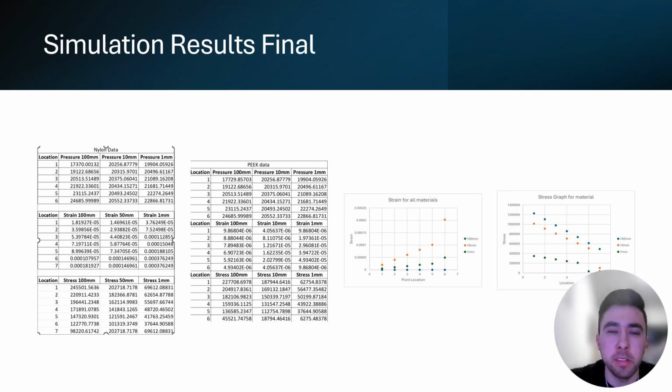In turn, as I previously stated, these make both materials less ideal than PTFE. As we can see from the data for both nylon and PEEK, when looking at the graphs on the right, PTFE had a higher strain, which makes it more ideal to use, as well as the stress.